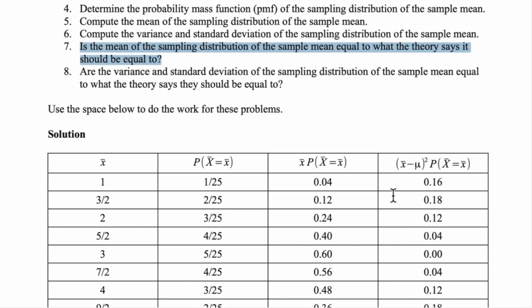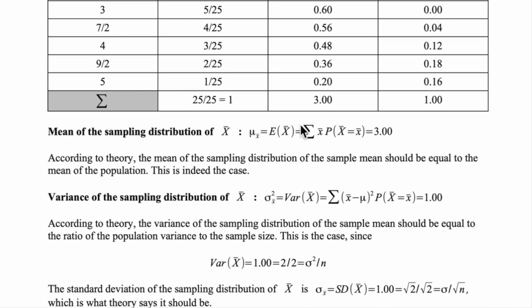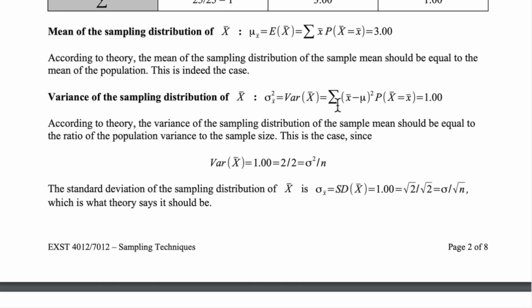All right, the next thing we need to do is to calculate the variance of the sampling distribution of the sample mean. And to do that, the formula that we have to use is given here, the one I'm pointing to.